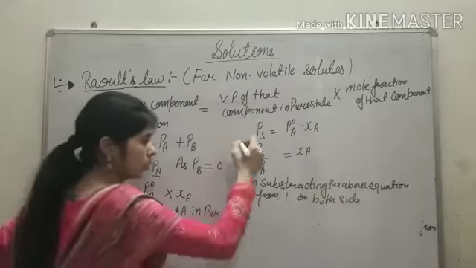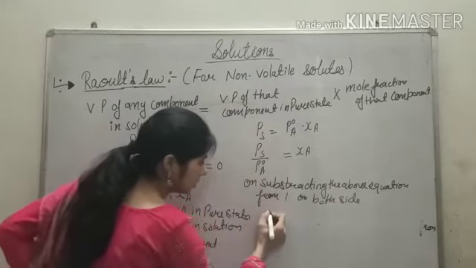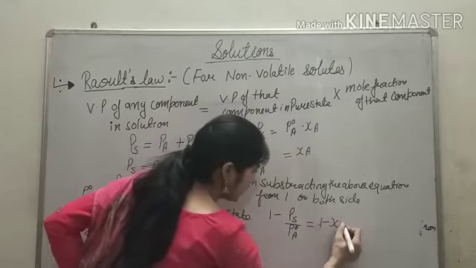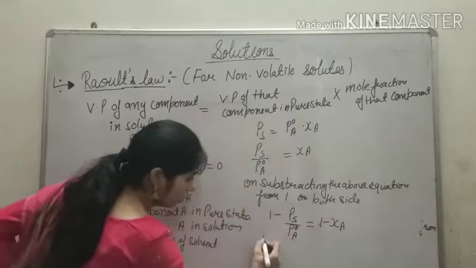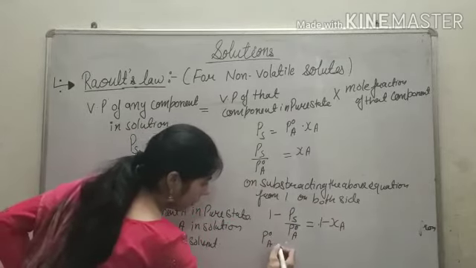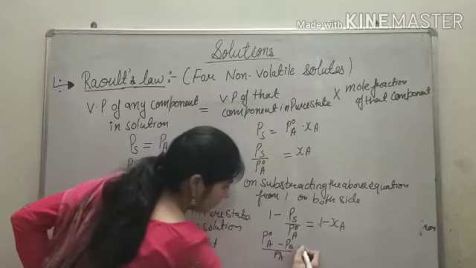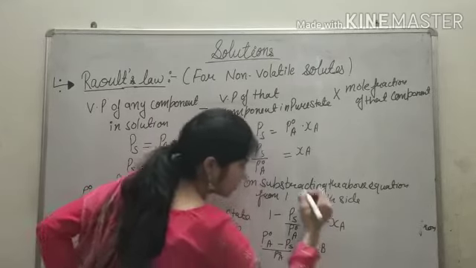Now this equation can be written as 1 minus PS upon P naught A is equal to 1 minus XA, and so P naught A minus PS upon P naught A is equal to XB.